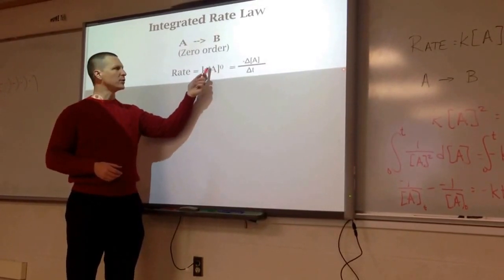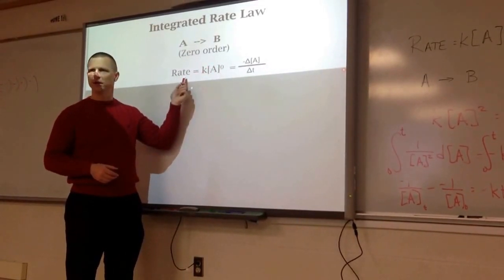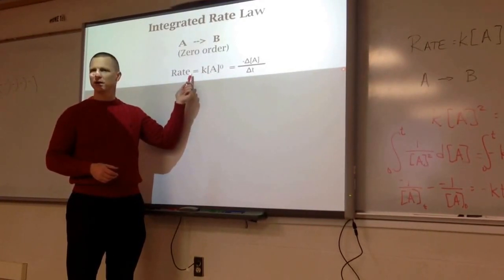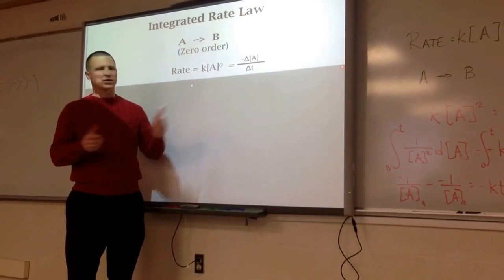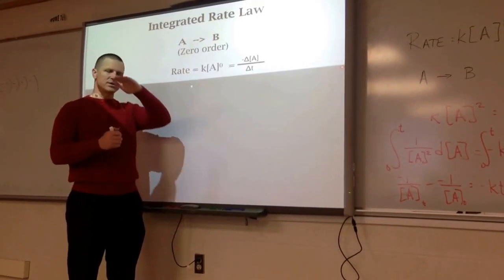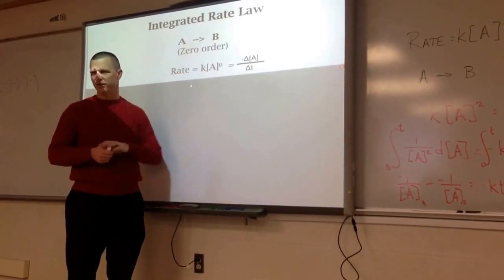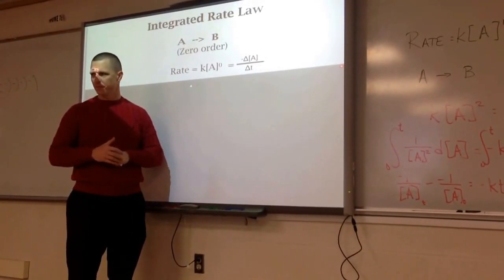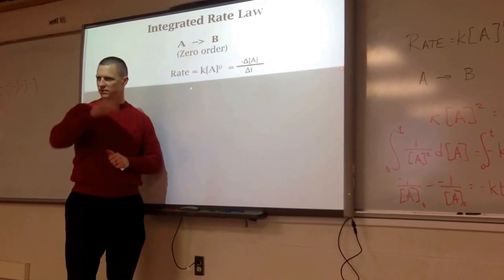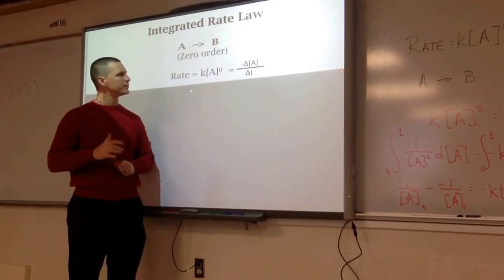What does that tell you about the relationship of the concentration and the rate? Does the concentration affect the rate? No. What would a graph look like for this? The rate would just be constant no matter what the concentration of A was. Horizontal, just a flat straight line.